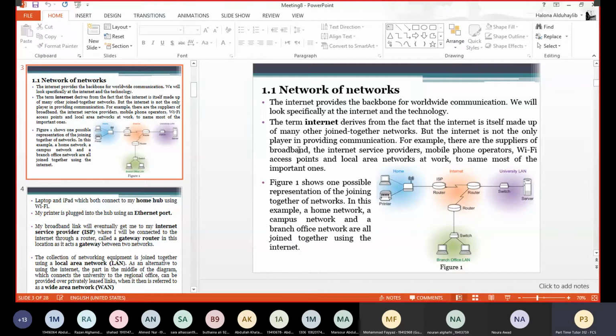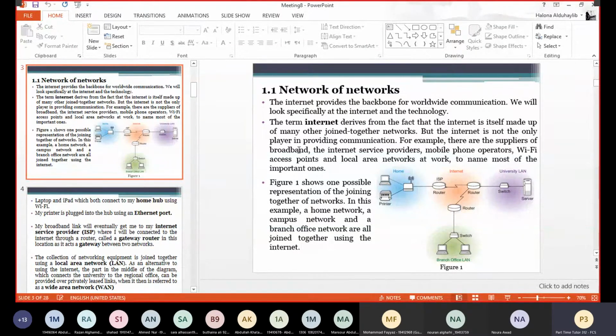We also need to have some provider of the internet, like the telecommunication companies, like we have here STC, Mobily, Zain. And we need to have some devices to enable us to connect with the telecommunication company.